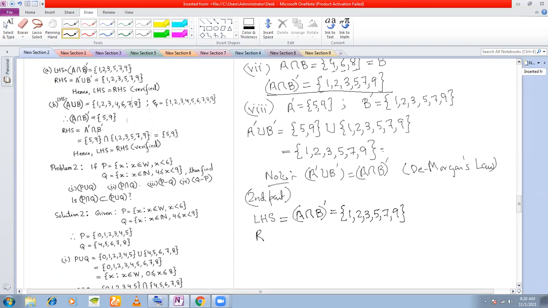And what was the right hand side? Right hand side was A complement union B complement, and we have found that also. So is left hand side equal to right hand side? Yes, sir. Hence verified.